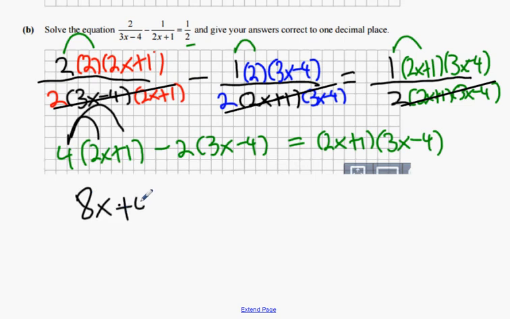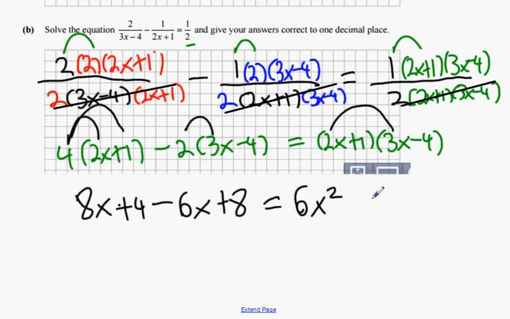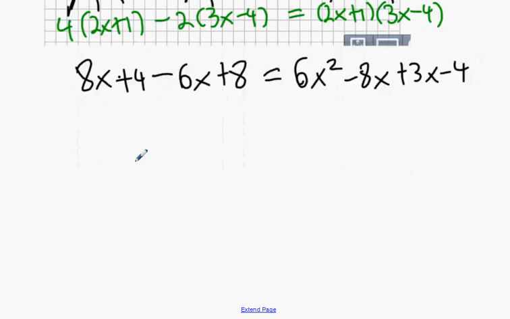Then after that, 8x plus 4 minus 6x plus 8. And then this part here, 6x squared minus 8x plus 3x minus 4. After that, guys, 8x minus 6x, 2x. 4 plus 8, 12. 6x squared minus 8x. Oh, sorry, I did that wrong.